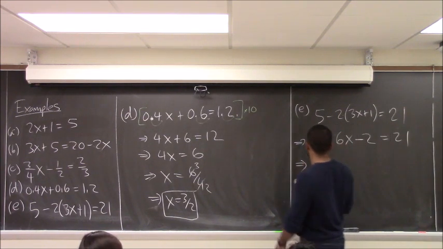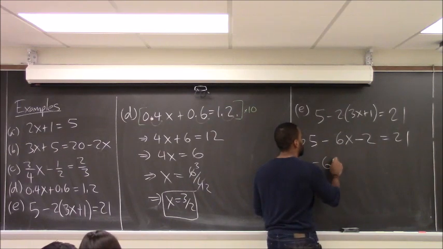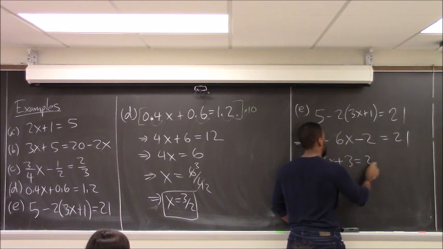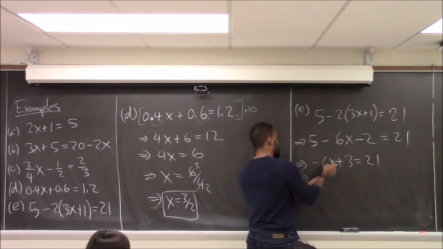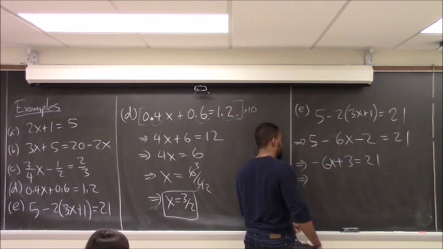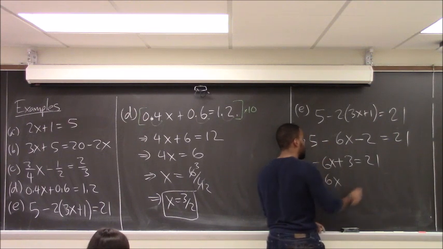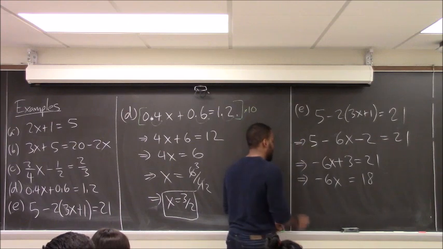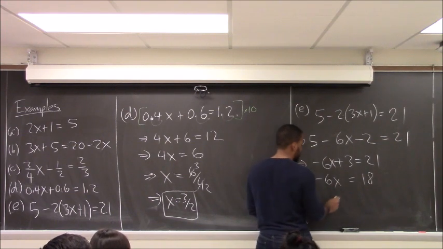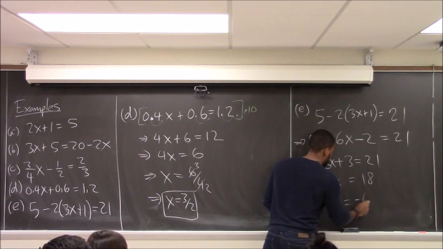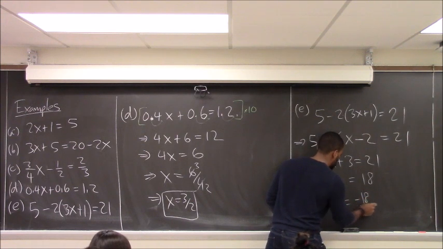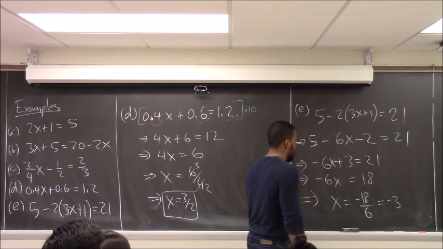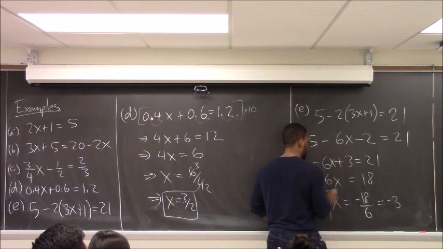Now, the 5 and the 2 can combine. That will be plus 3. This is the term that has x separated from everyone else. Leave that alone, subtract 3 from both sides. And then I can divide both sides by negative 6. Which becomes negative 3. So x equals negative 3.